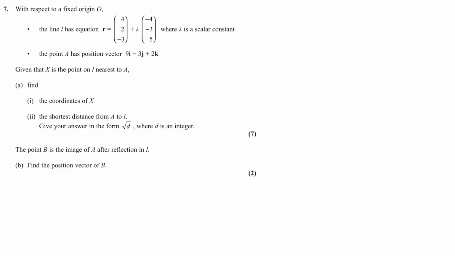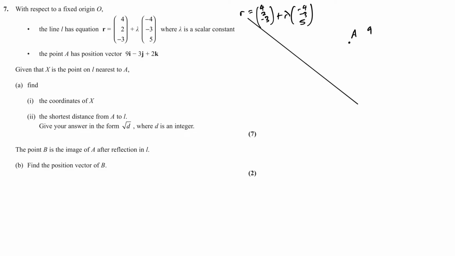What I'd say is just a little diagram, not that it really makes any difference in this, but we're going to get some sort of random line L, or r, which is 4, 2, minus 3, plus lambda, minus 4, minus 3, 5. Okay, and then there's a point A, just somewhere randomly.